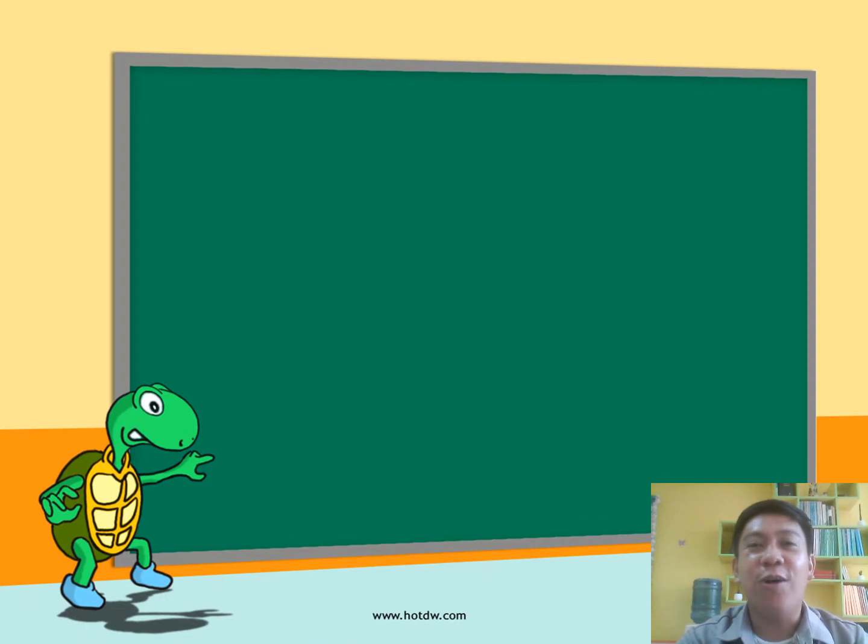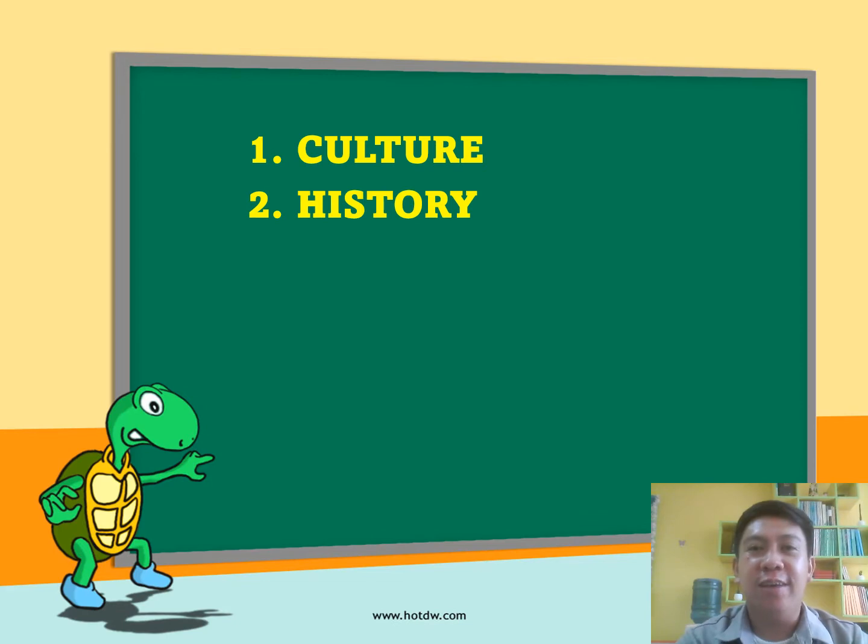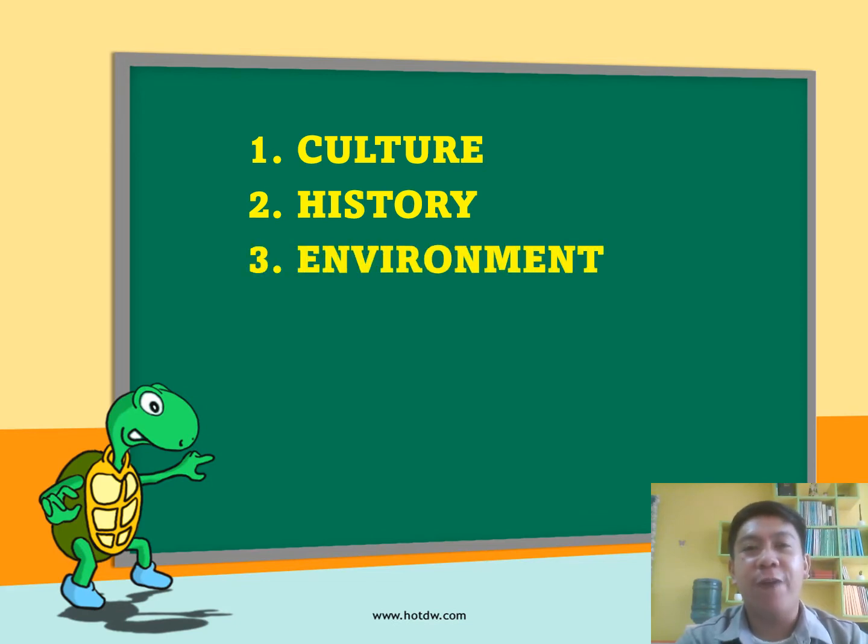Now, let us recall all the 4 words that we have deciphered from the jumbled letters. We have here the culture, history, environment, and economic. Now, let us discuss how those 4 words can affect our favorite stories.